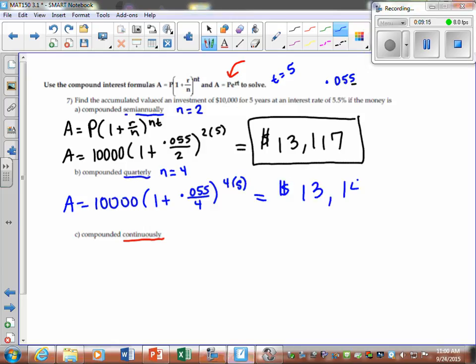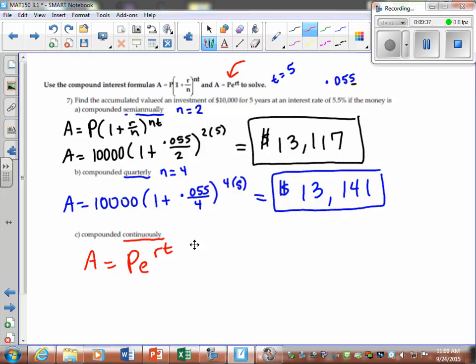this value, which we can see is slightly different than part A when it's compounded twice a year versus compounded 4 times a year. Now let's compare that to if it's continuously compounded over and over and over again. So for continuous, we know we're using A equals P E to the RT.